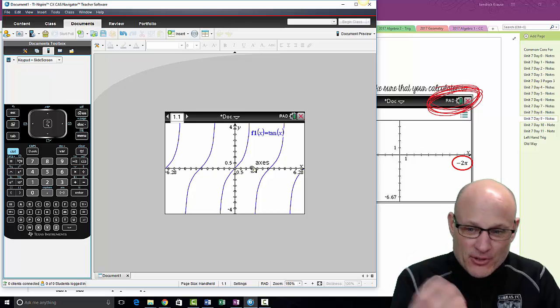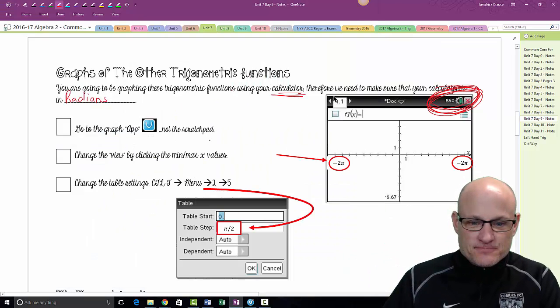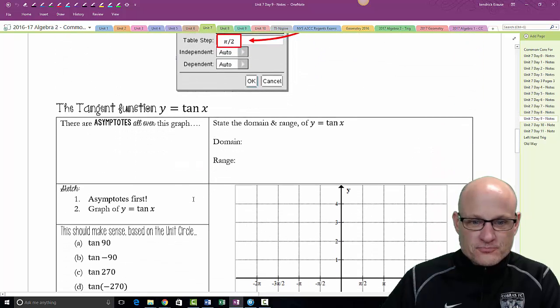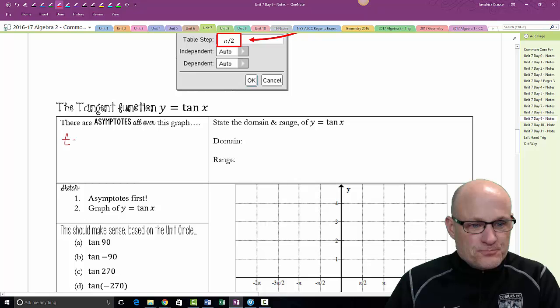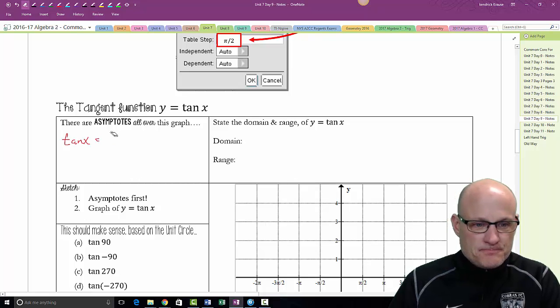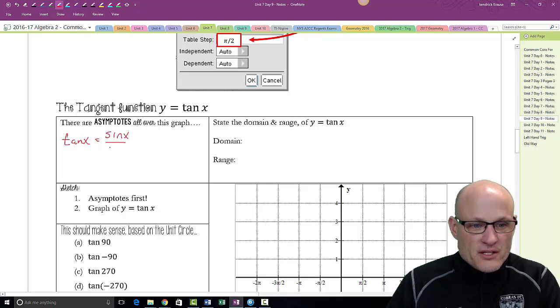Tangent, remember, is really sine of x divided by cosine of x. So whenever cosine equals 0, this thing is undefined or has asymptotes.